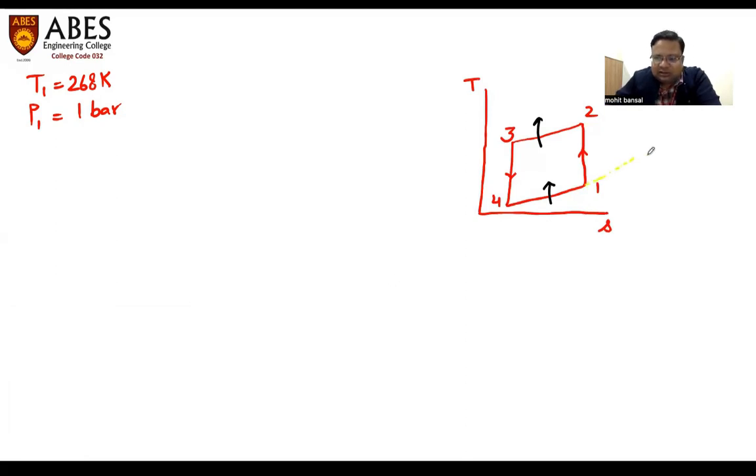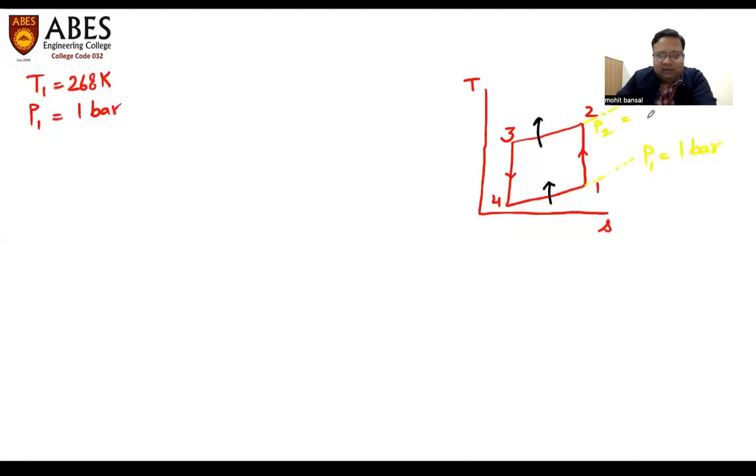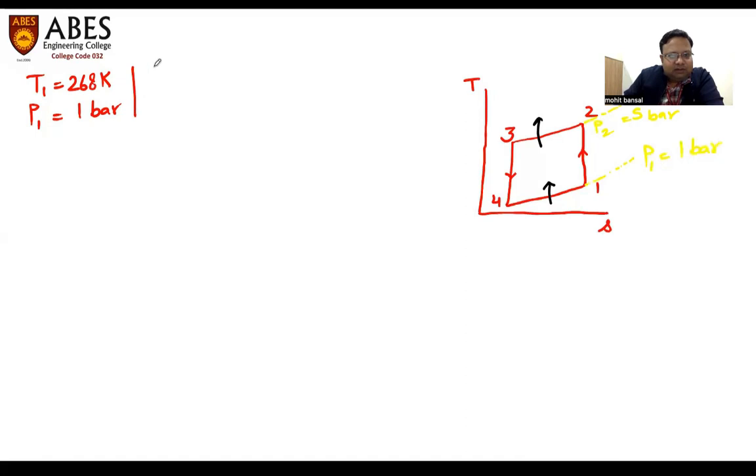This is the pressure P1, which is equal to 1 bar. And this is the pressure line P2, that is 5 bar. So T1, P1, and pressure P2 is 5 bar.